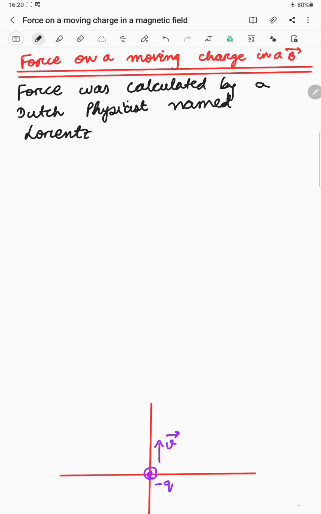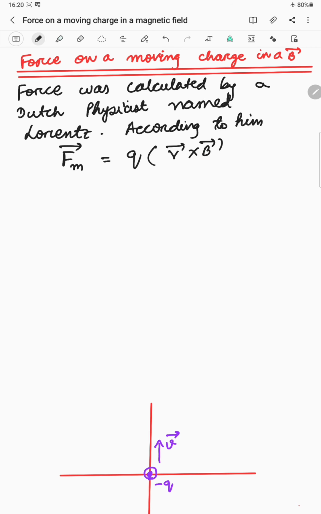So according to him, the force of the magnetic field will be equal to Q, the charge, into V cross B. That is, F is equal to Q V cross B. If you remove this cross product, it will be Q V B sin theta.